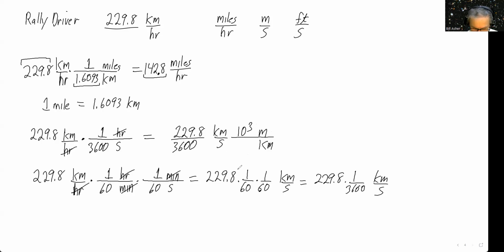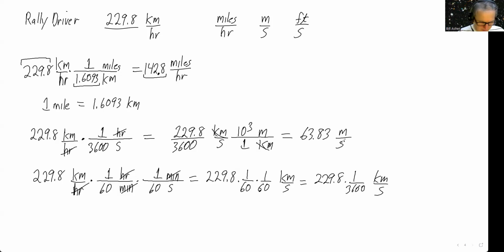Remember that from last time, that 1,000 meters per 1 kilometer. So now kilometers are canceling, and I've got meters per second. So this is now 229.8 over 3,600 times 10 to the third, which is 63.83 meters per second.